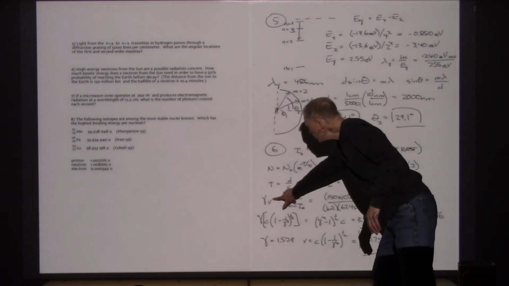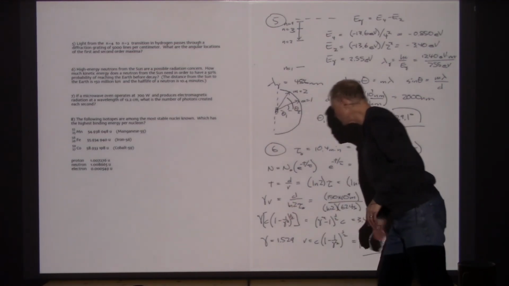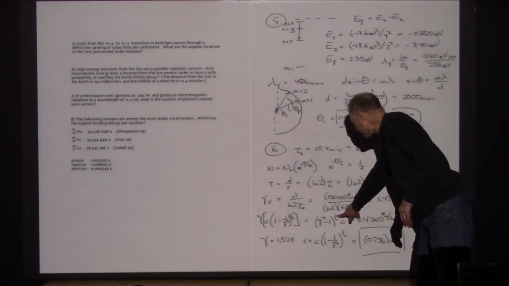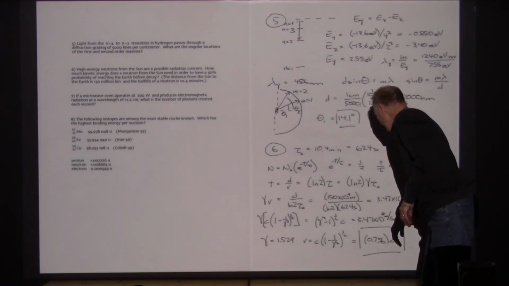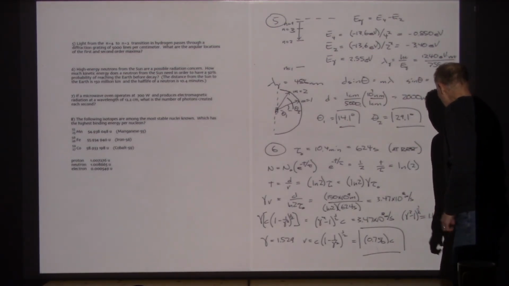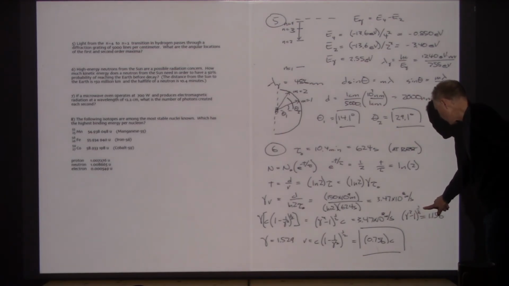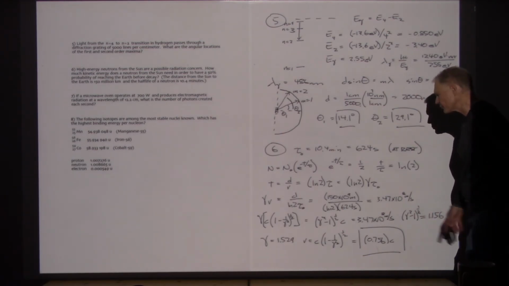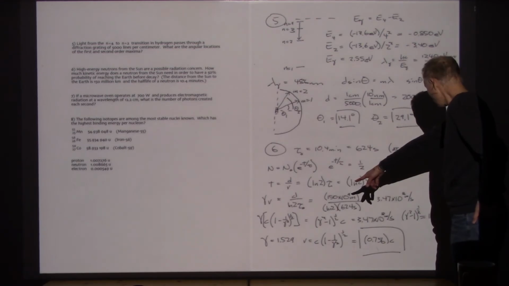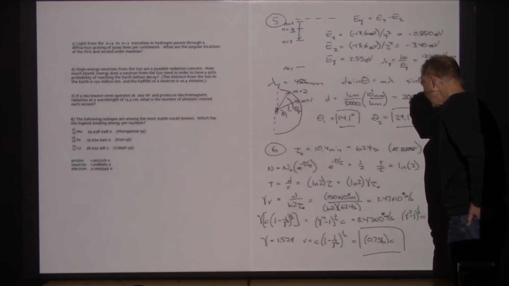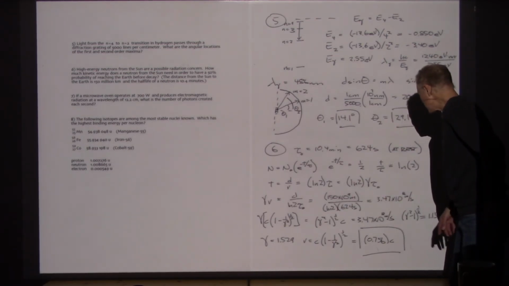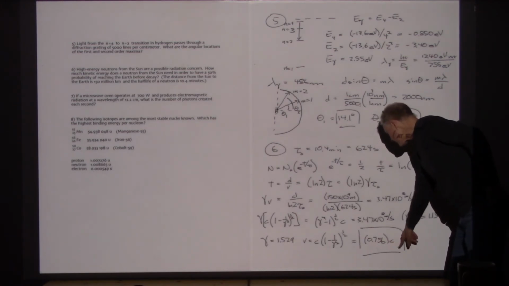I removed the v and substituted in an expression in terms of gamma, and then I proceeded to solve for that. What I ended up with was this: the square root of gamma squared minus 1 is 1.156. I solved for gamma, and then finally I solved for v, 0.756 times c.